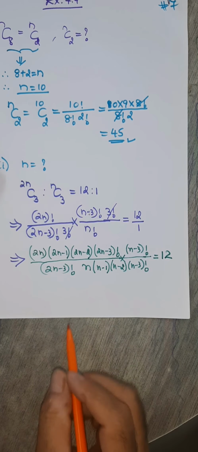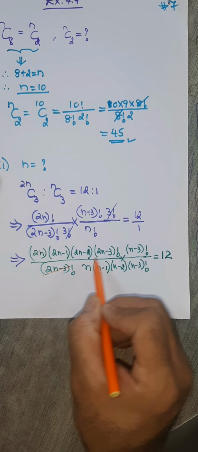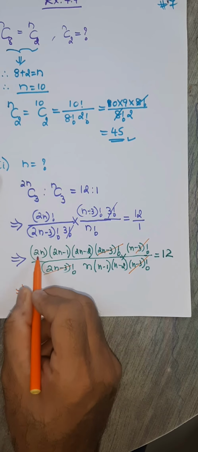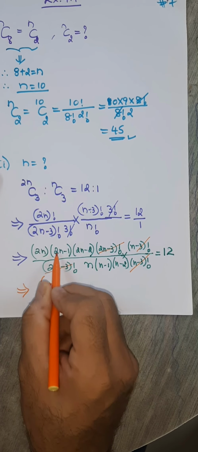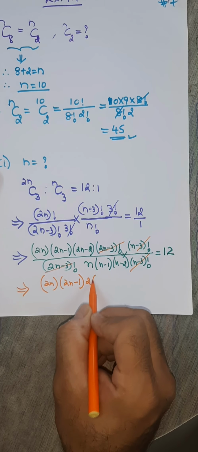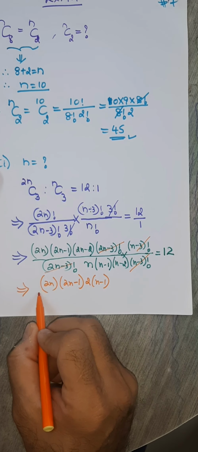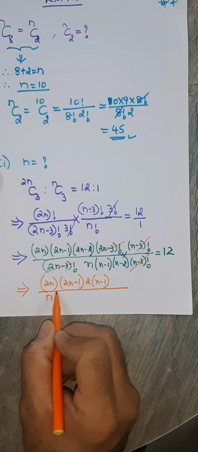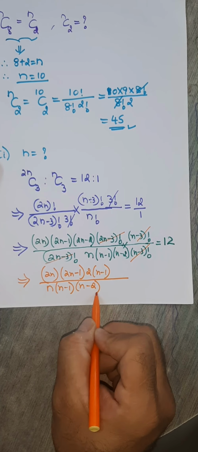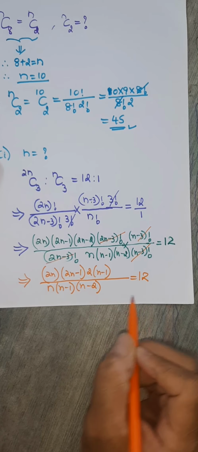Okay, now you can see this will get cancelled, this will get cancelled. Here this is just 2n minus 1. You will find 2 common, so we'll get n minus 1 upon n into n minus 1 into n minus 2 equals 12.